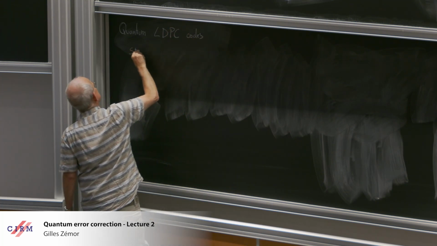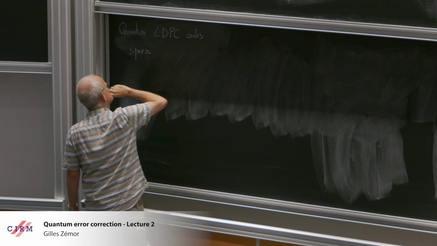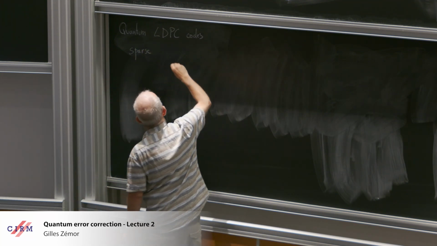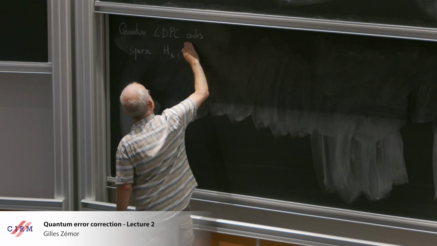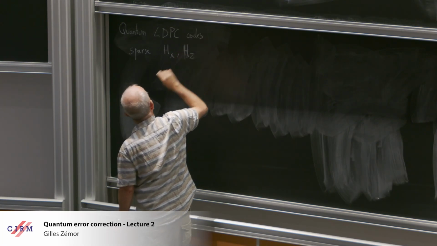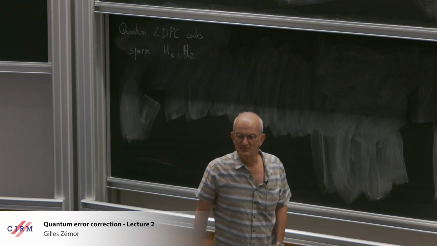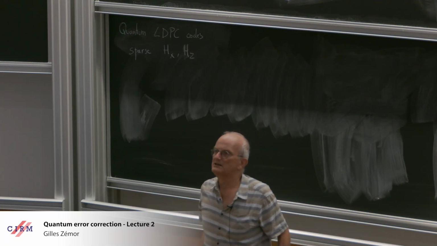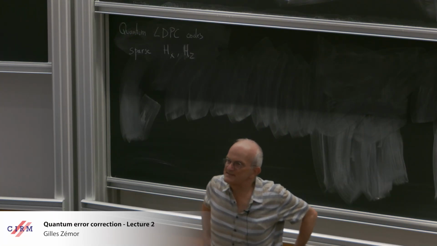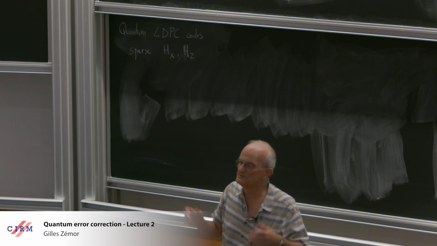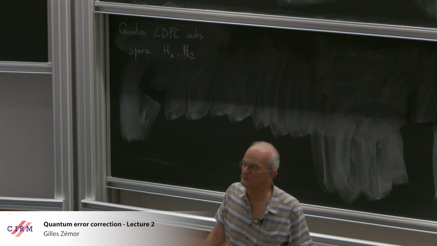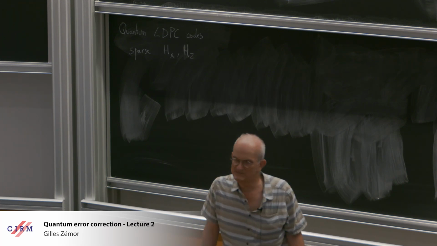So it just means that we want our matrices HX and HZ to be sparse, to have a low density of ones. We want an upper bound on the number of ones per row, and upper bounds on the number of ones per column, typically.